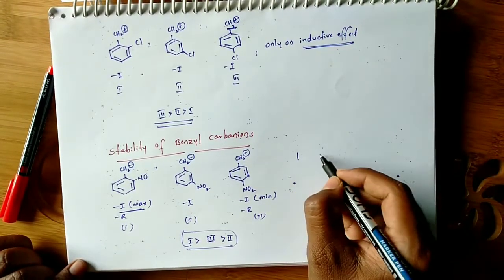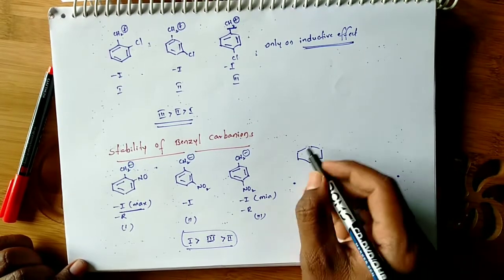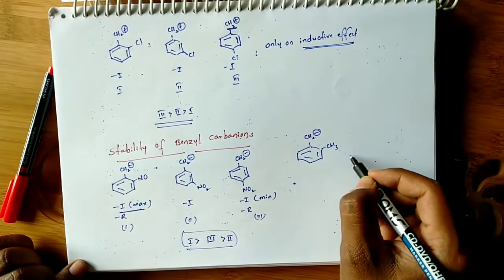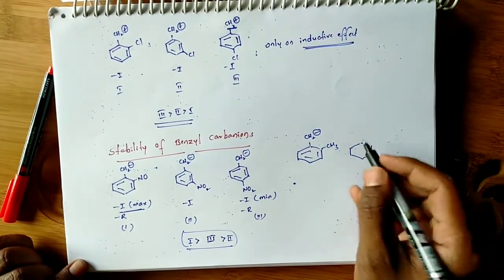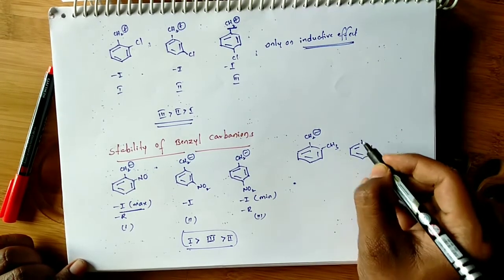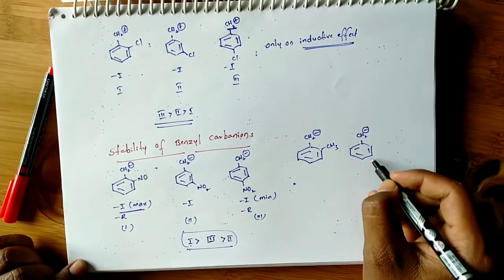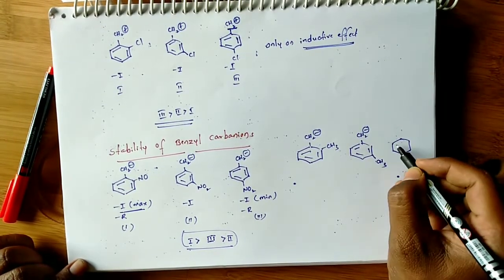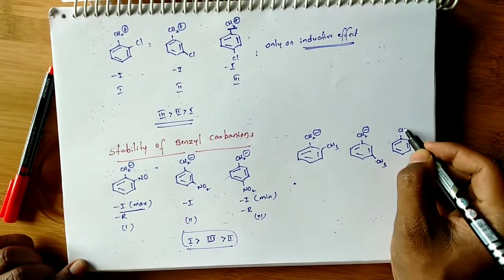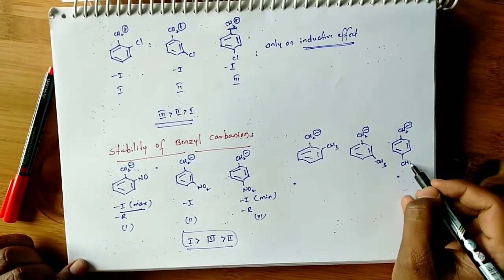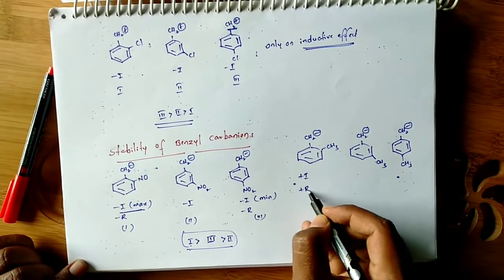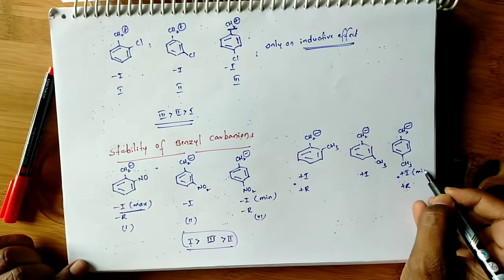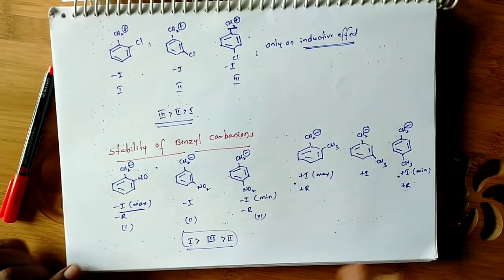Now I am taking the case where a plus I plus R group is present on benzyl carbanion. I am taking methyl group, which we will consider as a plus I plus R group, at ortho, at meta position, and at para position. Here plus I plus R, here plus I only, here plus I plus R. Plus I is minimum here, maximum here.